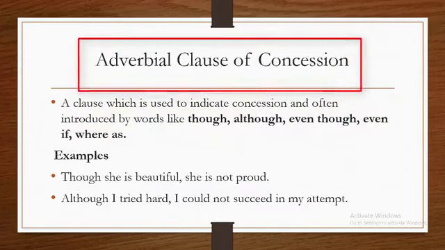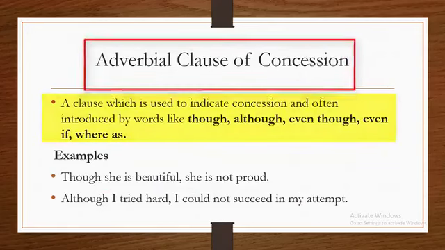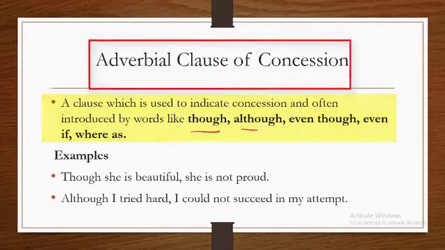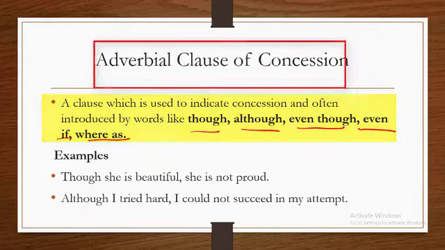Okay, then we have adverbial clause of concession. Now here it shows concession, and basically words like though, although, even if, whereas are all words that are used to introduce adverbial clauses of concession.